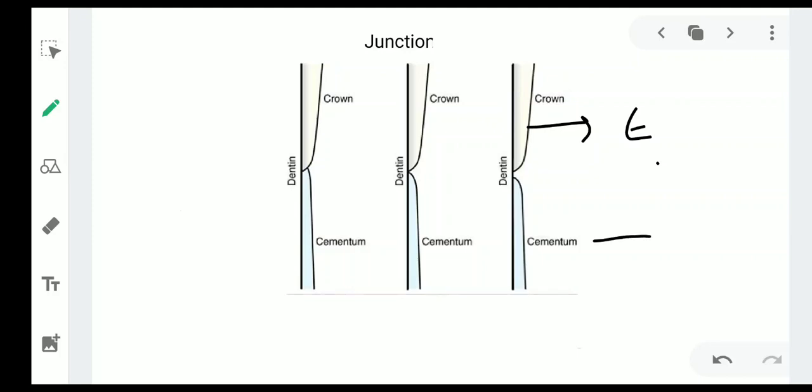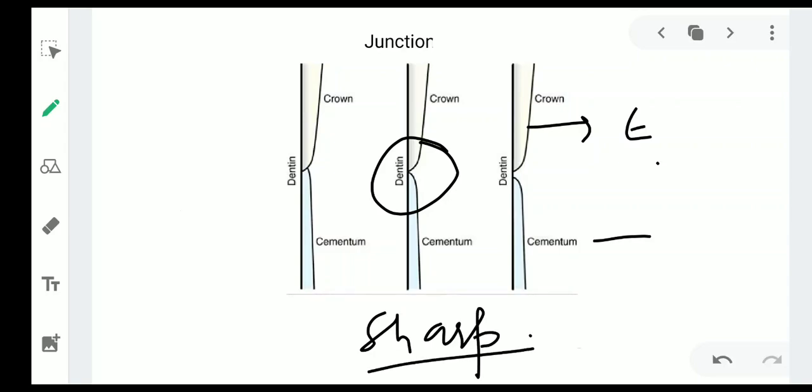Now first is this junction. This is a sharp junction or a butt type junction. In this junction you can see there is the contact of the enamel and Cementum at just one point.